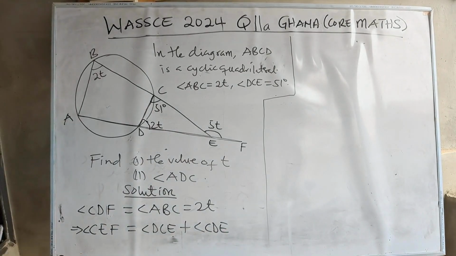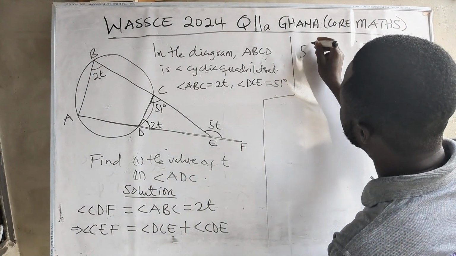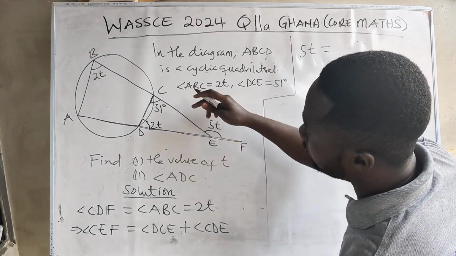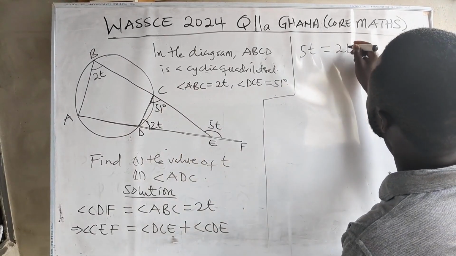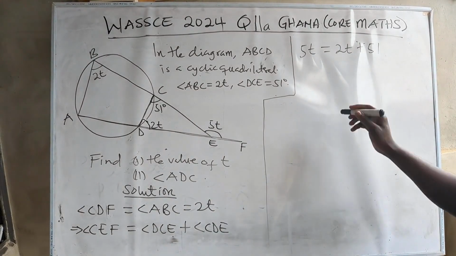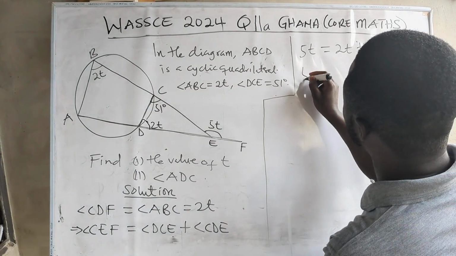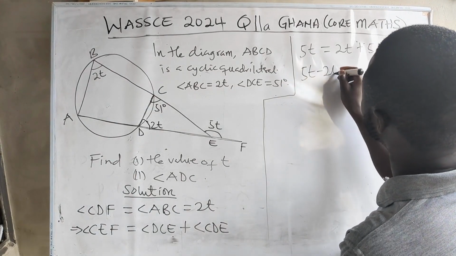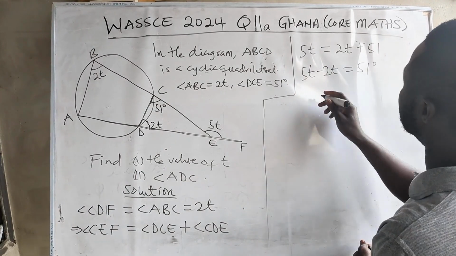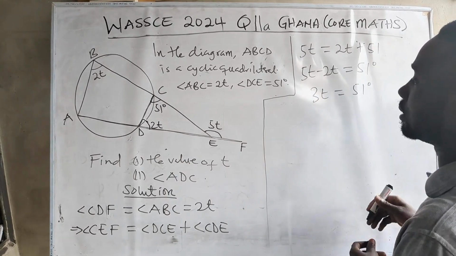We will say that 5t is equal to 2t plus 51 degrees. Then we get 5t minus 2t equal to 51 degrees, which gives 3t equal to 51 degrees.